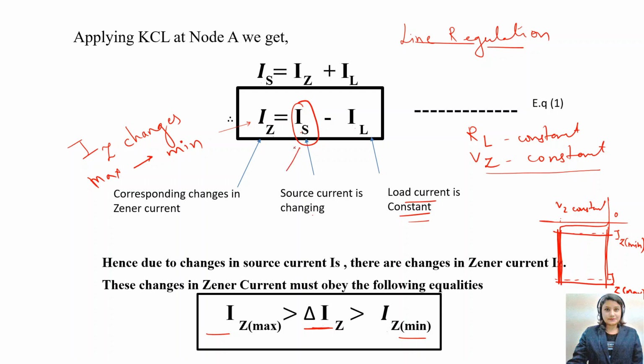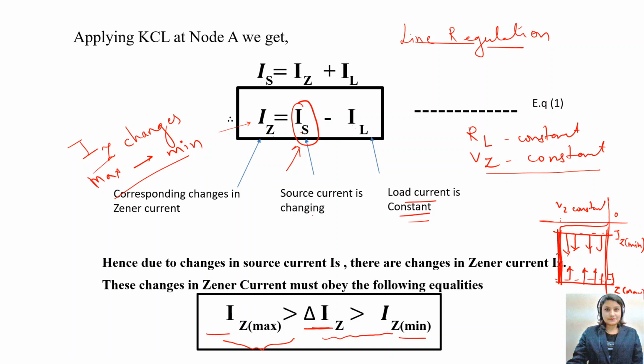Here, because of the source current, your Zener current has started to change, right? We have to maintain these changes in the Zener current such that the change in Zener current should be greater than IZ min, in this portion, and it should be less than IZ max, in this portion.